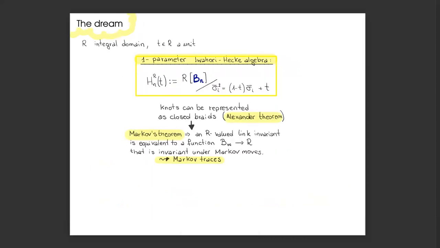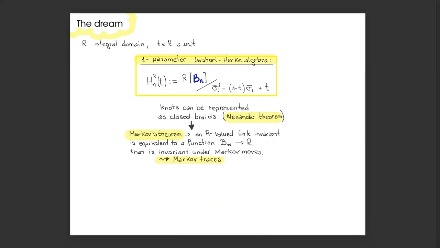So why is this important in knot theory? Well, every knot can be represented as a closed braid by Alexander's theorem. And the other way around, we have Markov's theorem that tells us when two braids have isotopic closures as knots.